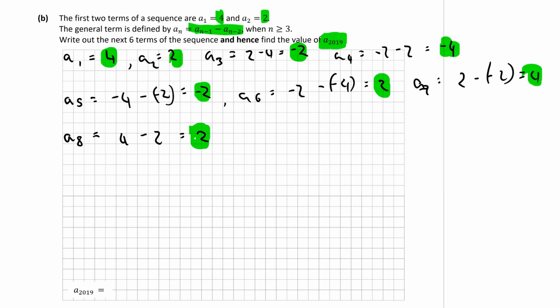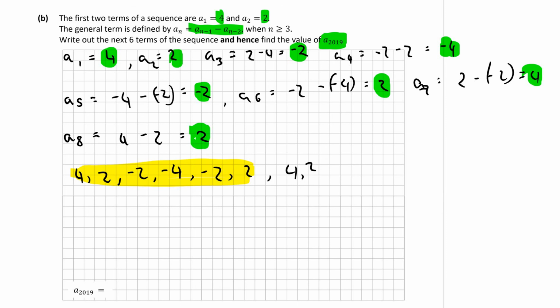Okay, so let's just write these all out. You've got 4, 2, minus 2, minus 4, minus 2, 2, 4, 2. We're looking for a pattern here. We can see it started to repeat itself after 6 terms. So looking for the 2019th term, as it repeats itself every 6 terms, we need to take out all the multiples of 6 from that term.